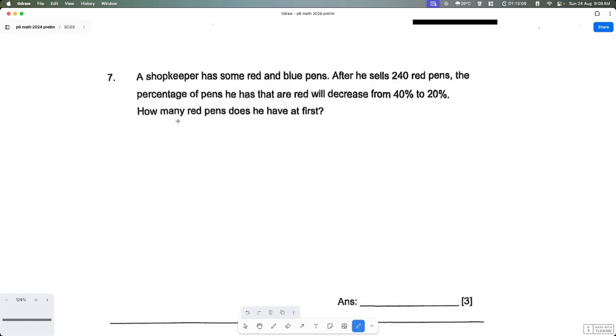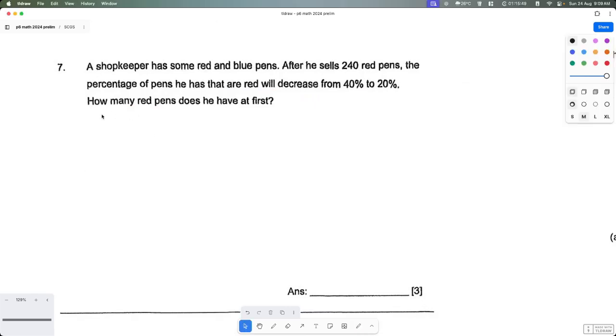Question number 7. The shopkeeper has some red and blue pens. After he sells 240 red pens, the percentage of pens he has that are red will decrease from 40% to 20%. How many red pens does he have at first? So this is what we call a constant part. We only have the red decreased, but the blue stays the same.